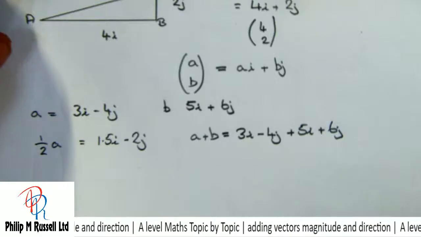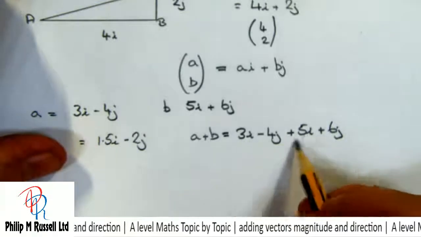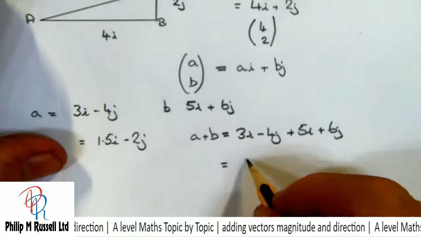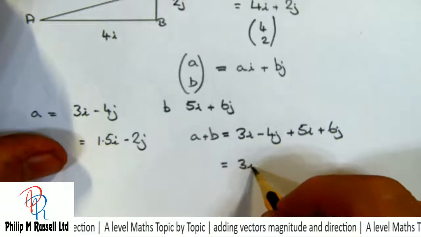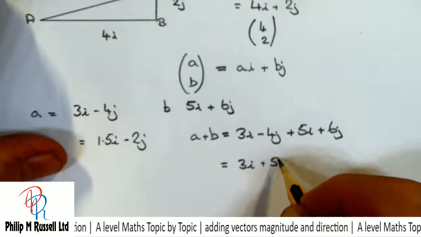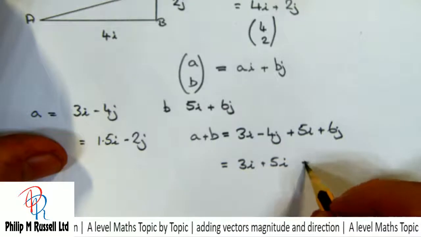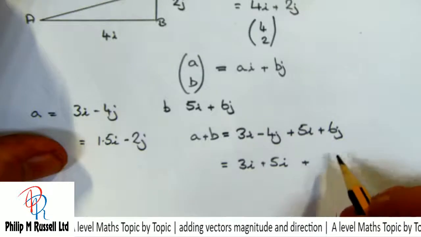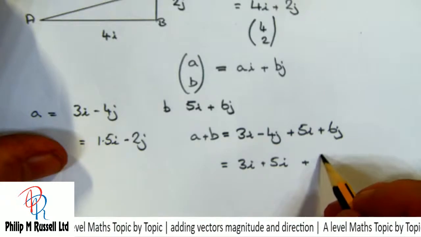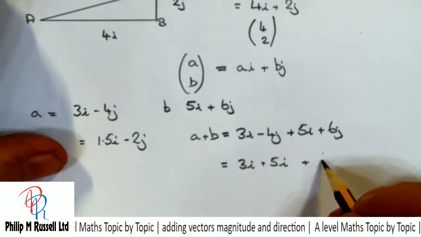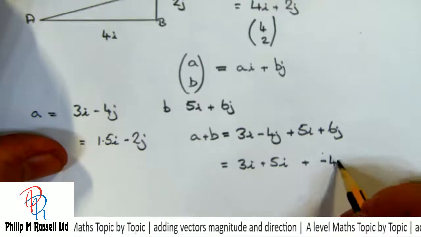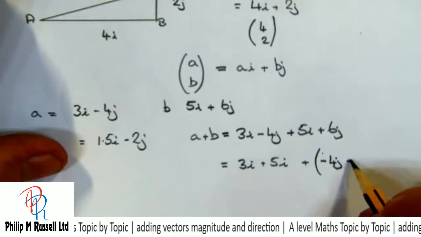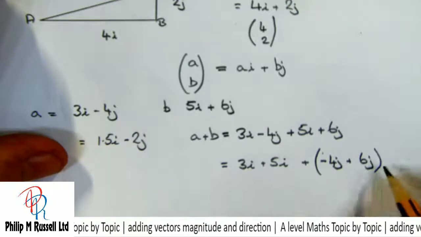Sometimes it's easier to just collect like terms, so this is going to be 3i plus 5i, and to that we're going to add minus 4j and 6j.